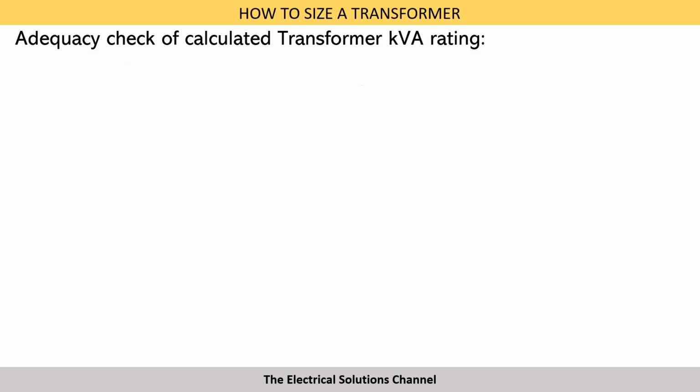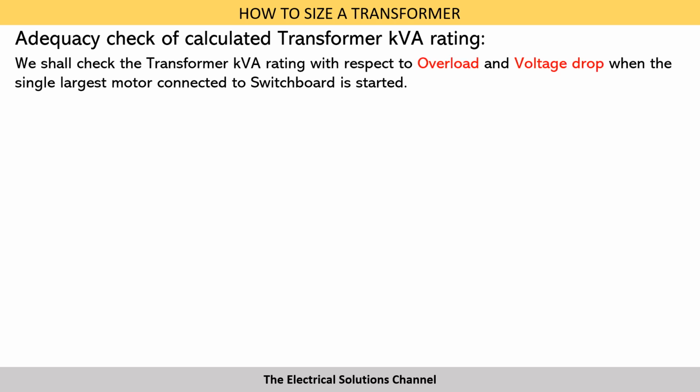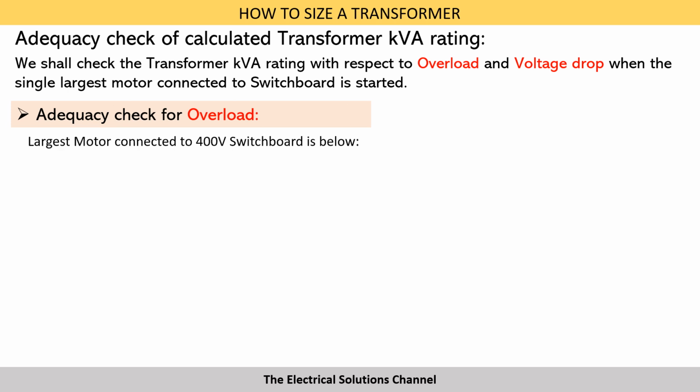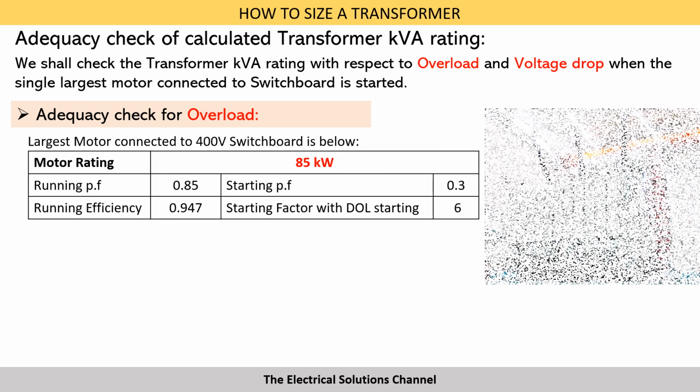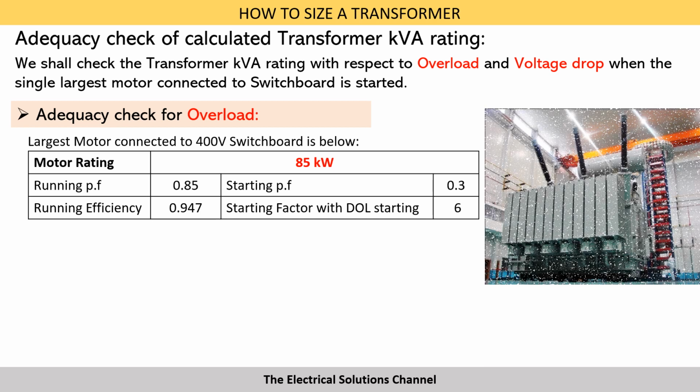We now need to carry out the adequacy checks of the calculated transformer kVA rating. We shall check the transformer kVA rating with respect to overload and voltage drop when the single largest motor connected to the 400 volt LV switchboard is started.